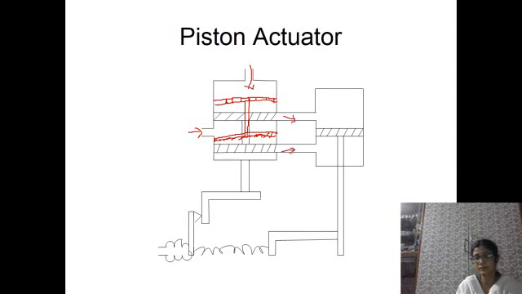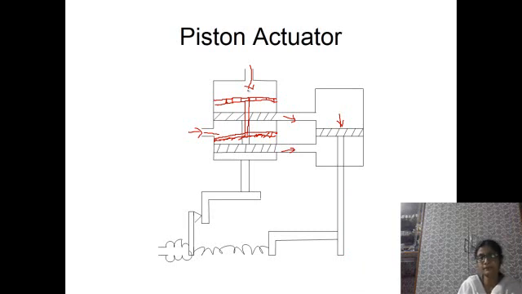So the upper pressure path gets closed. Initially there was a signal. When the signal is allowed through this path, it will cause the thrust in the downward direction, and the stem will move.